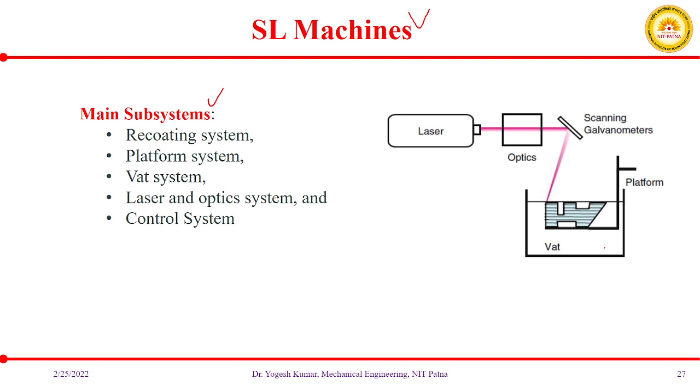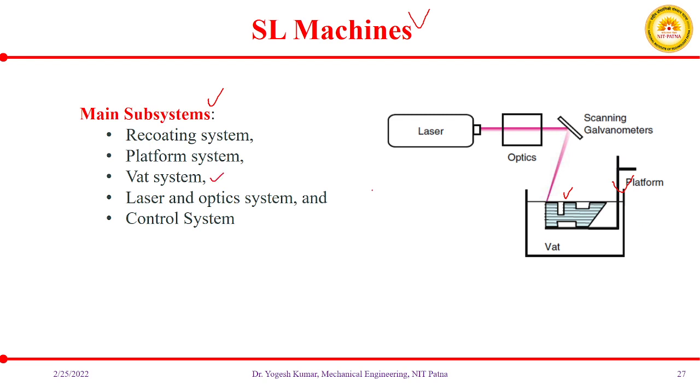As we can see here, the main components of this SL machine are, first, your recoating system, then the platform system, a mechanism which lowers your build platform.